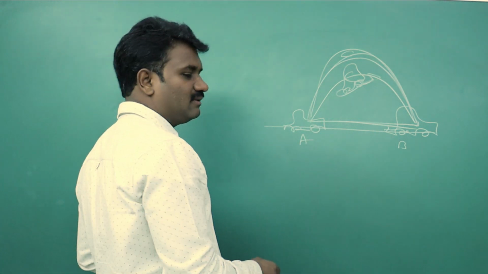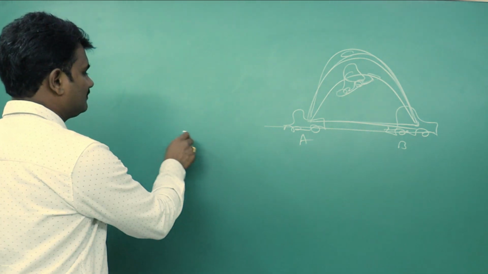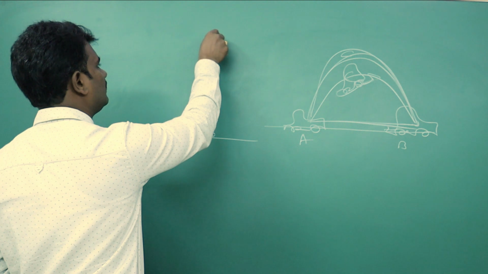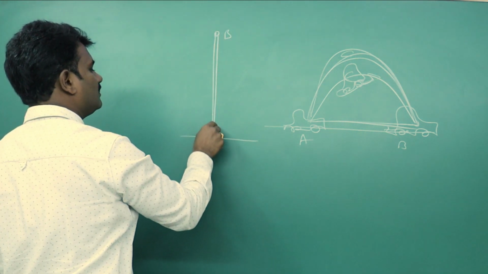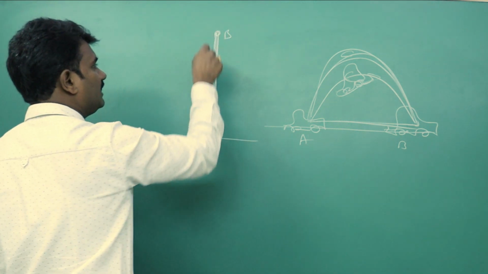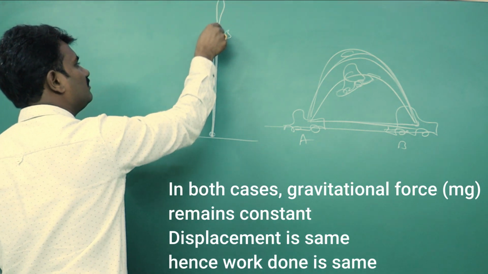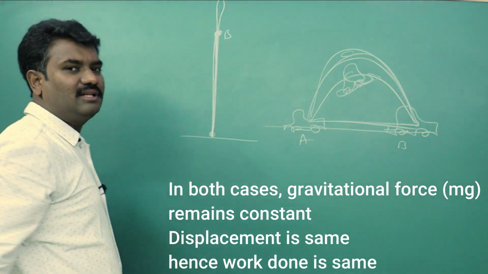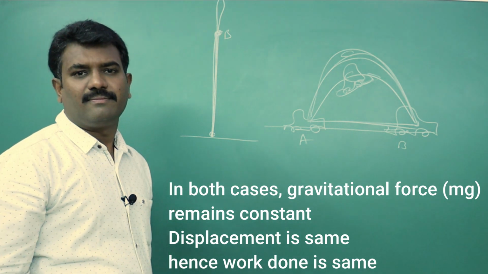Now let us see one example for conservative force. If work is done against gravity, if an object is thrown from here to here like this, say this is B, then when the object reaches from point A to B straight away, or it moves upwards and comes to B, in both the cases the same force is given.